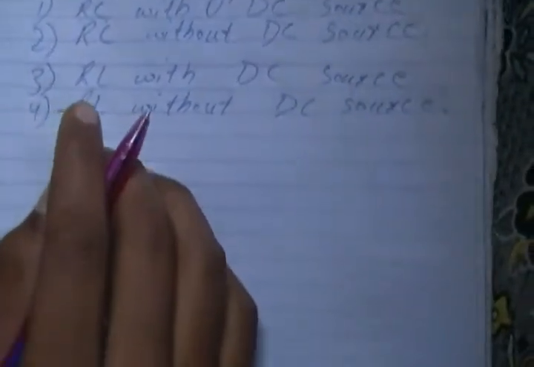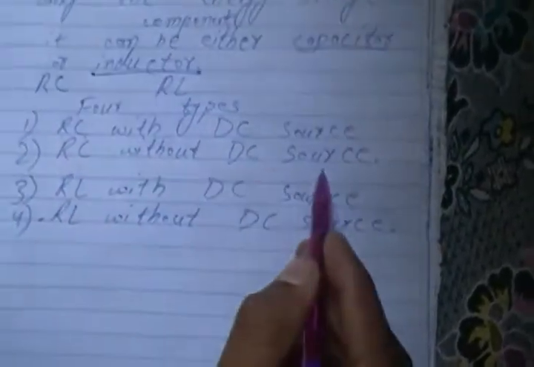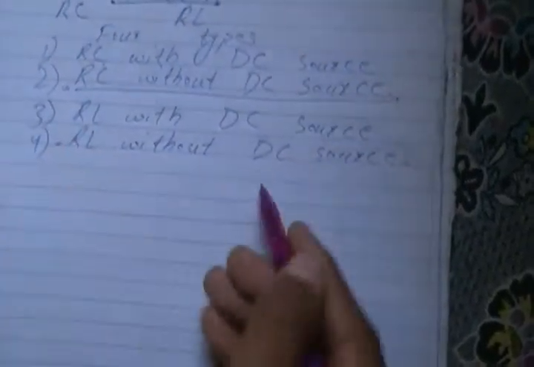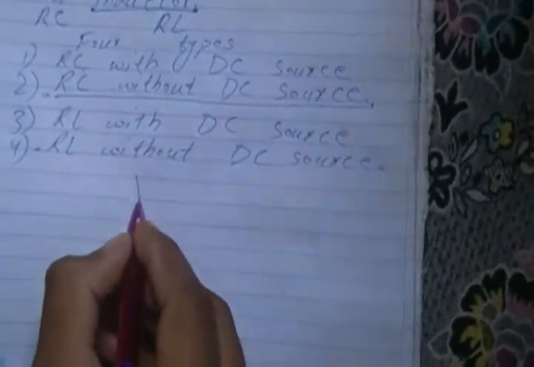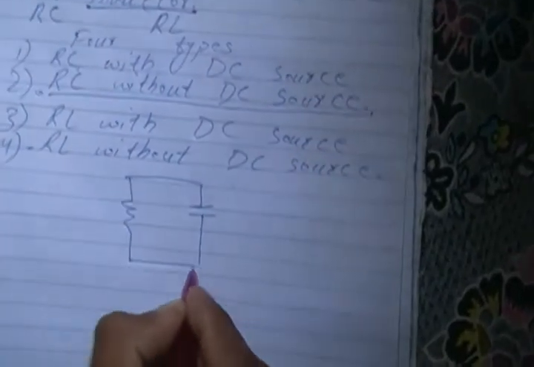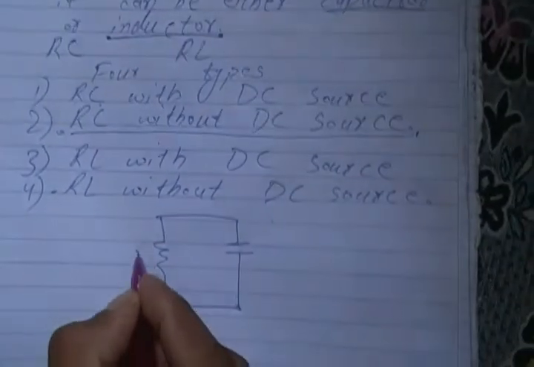So we are going to talk about RC without DC source, about this circuit. We draw this circuit like this. Here is the capacitor and resistor.